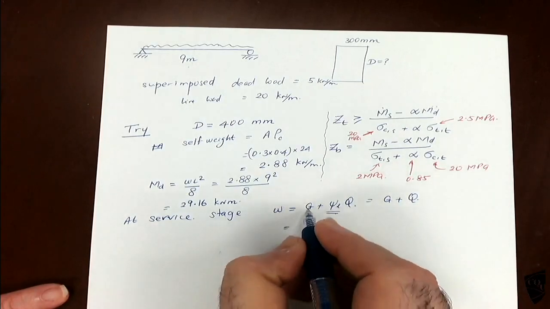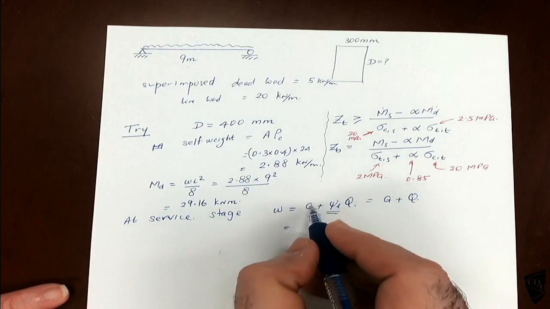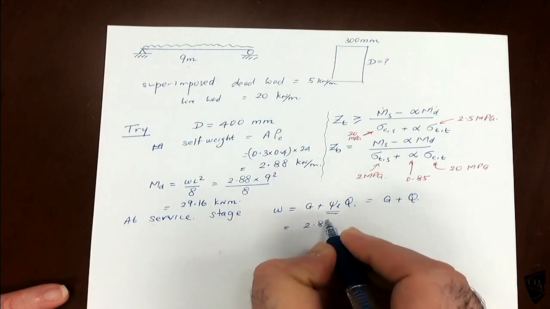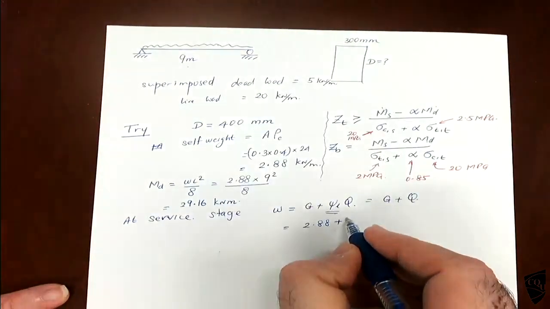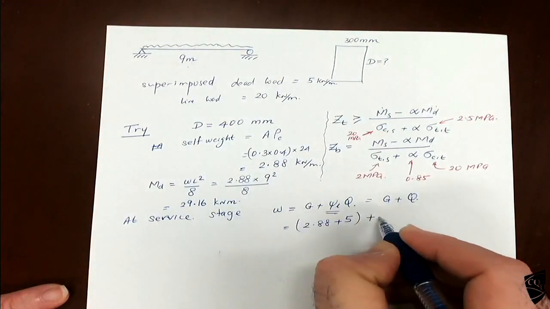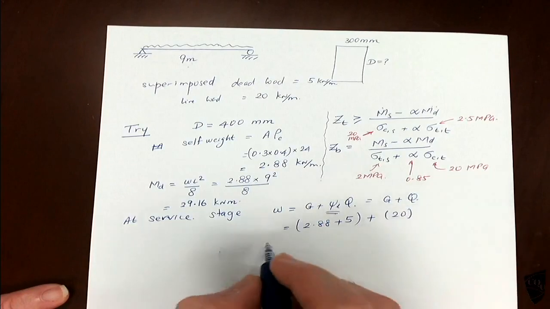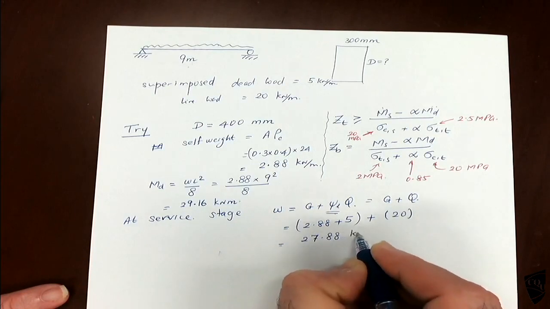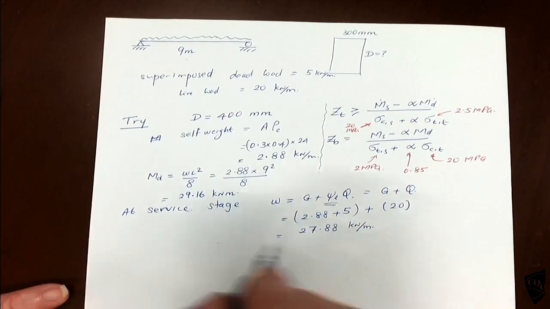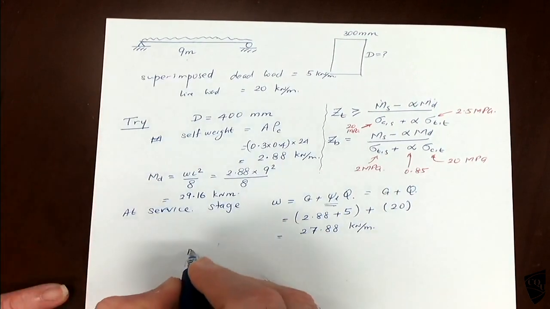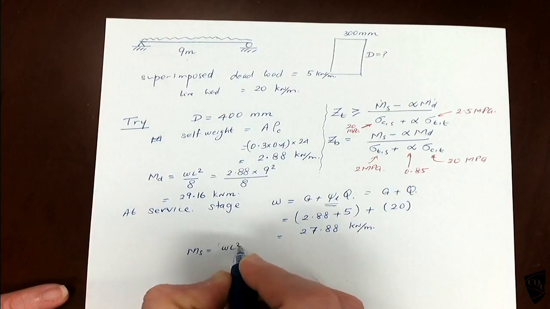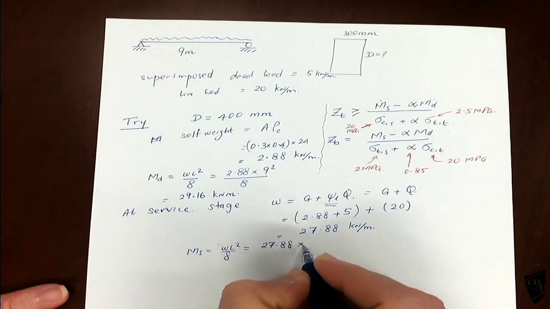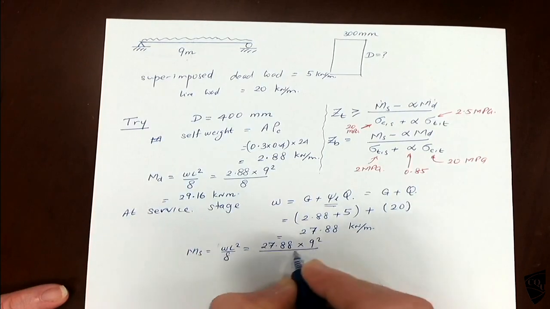G is the total dead load. Here the self weight is 2.88 plus 5 plus 20. Q is 20. So this is 27.88 kilonewton per meter. So MS is equal to WL squared by 8, with W equal to 27.88 times 9 squared upon 8.